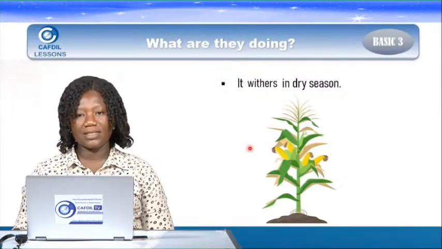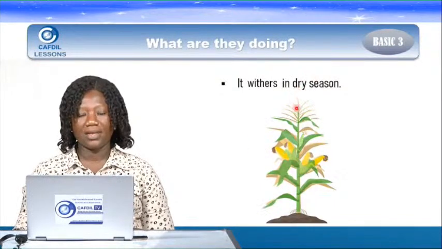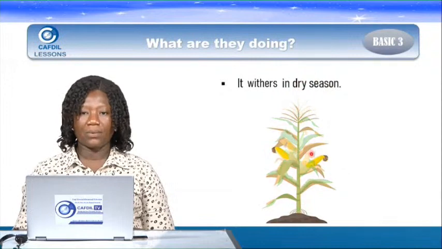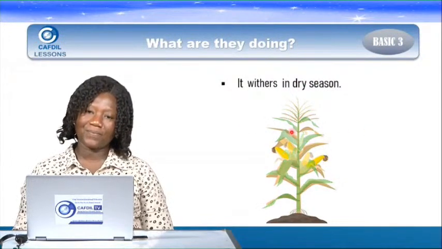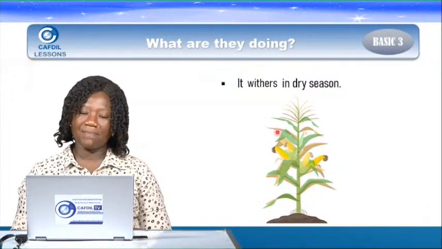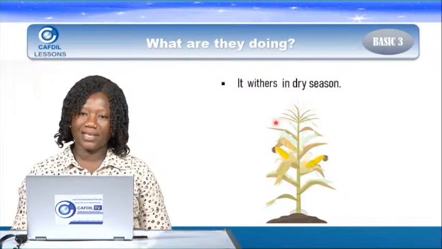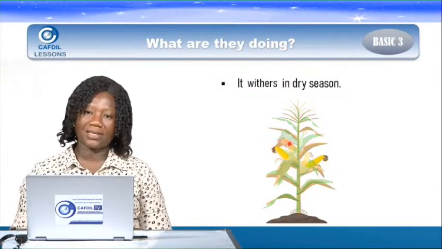What do you see in the picture? It's a plant, right? What type of plant do you think this is? Can anyone tell me? It's the maize plant. Can you see the maize on it? Yes.